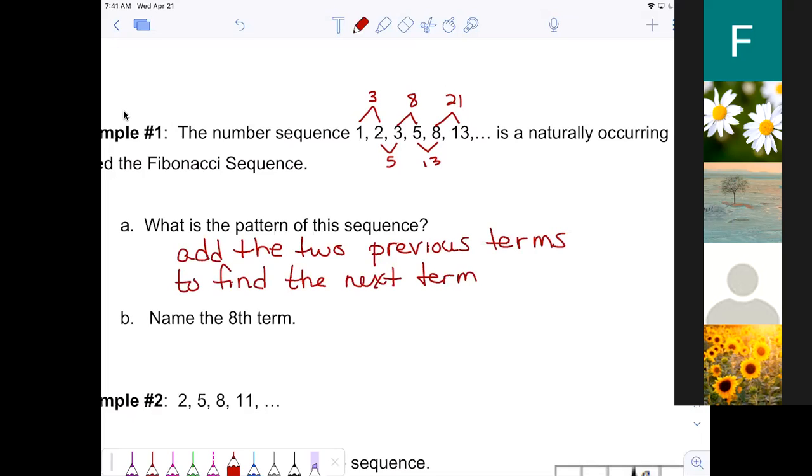So it wants us to find the 8th term of the sequence. And right now they give us 6, and Ella said that the next one would be 21. So that would be the 7th term. So Riley, what would the 8th term be?